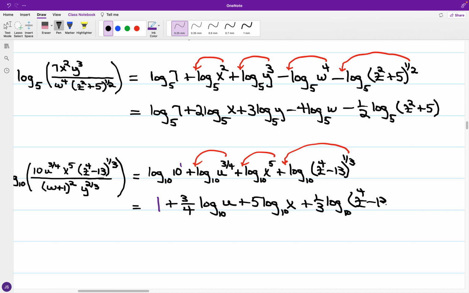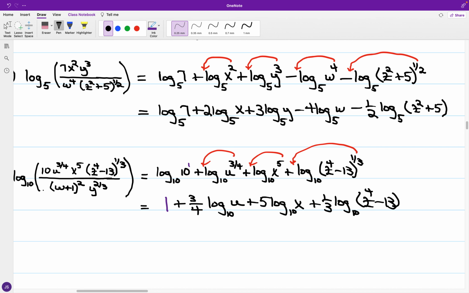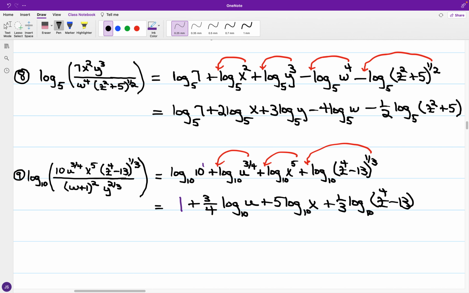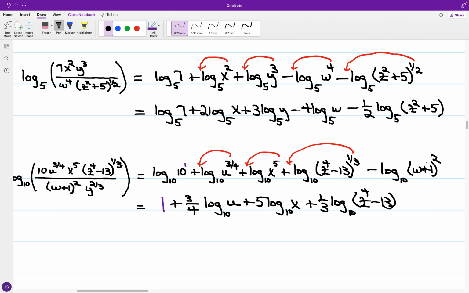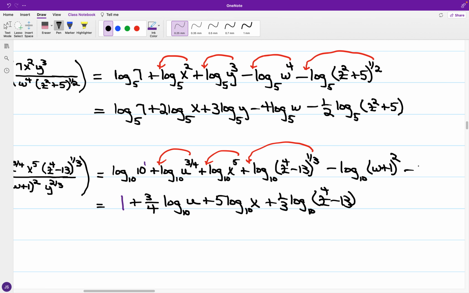So this is what I have at the top. Now for what I have at the bottom, again, anything at the top, we have positive logarithmic terms. Anything from the bottom, I'm going to subtract. So minus the base 10 logarithm of the square of w plus 1, and we have minus the base 10 logarithm of y raised to the 2/3.